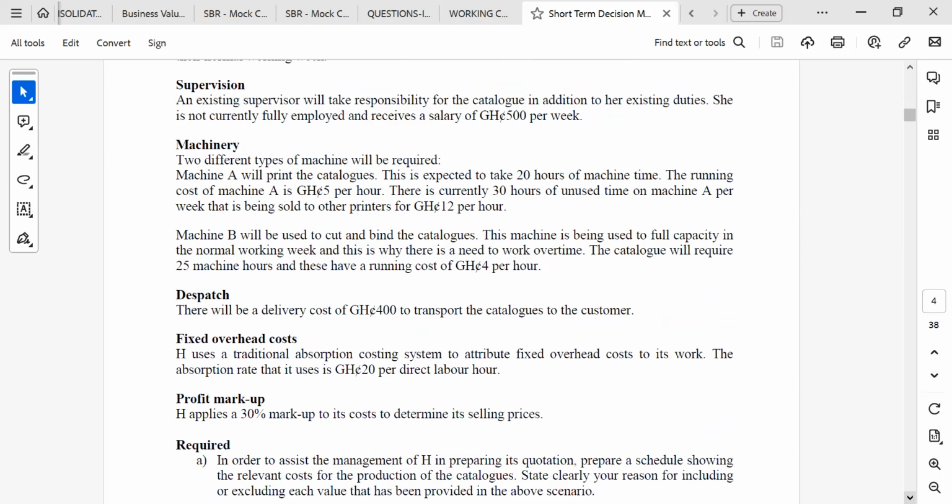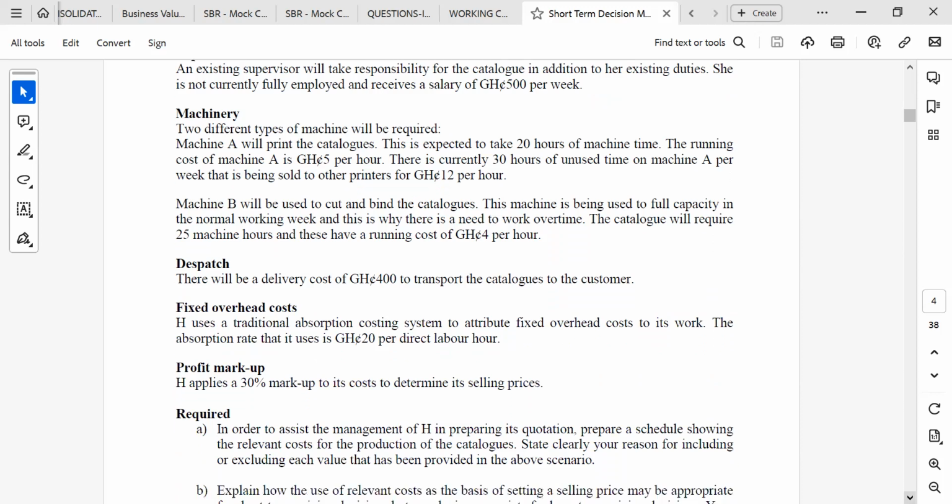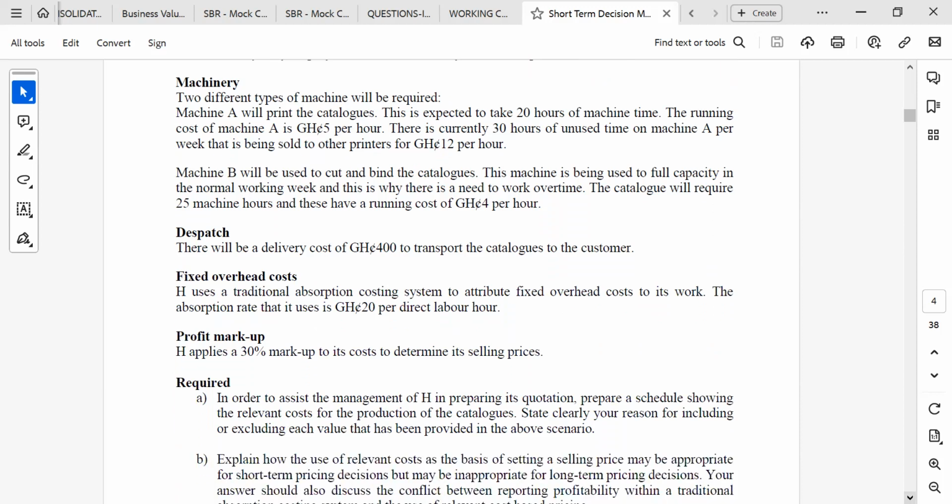Required. In order to assist the management of H in preparing its quotation, prepare a schedule showing the relevant cost for the production of the catalogs. State clearly your reason for including or excluding each value that has been provided in the scenario above.